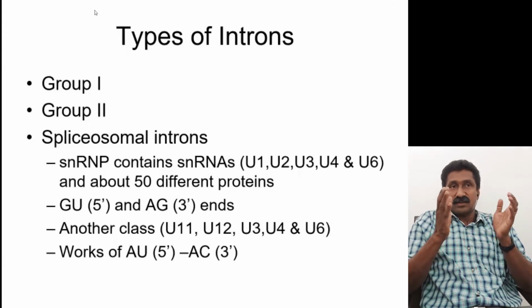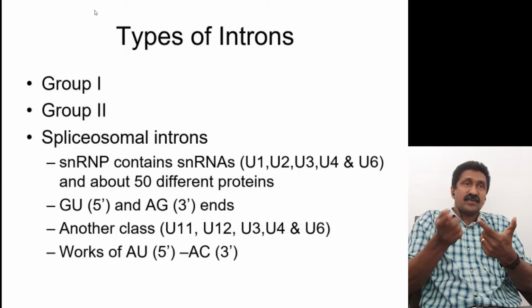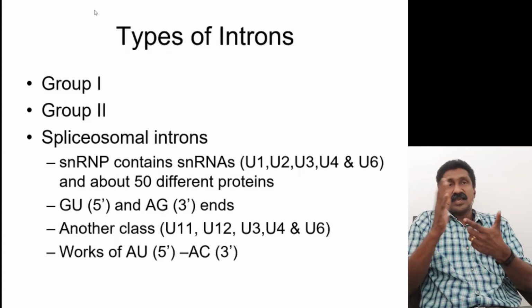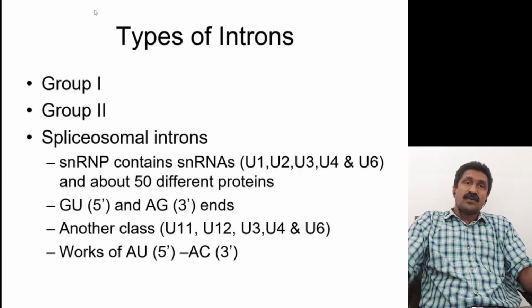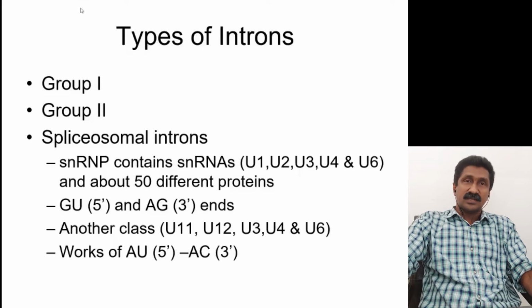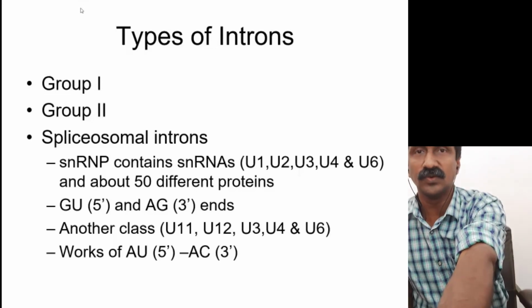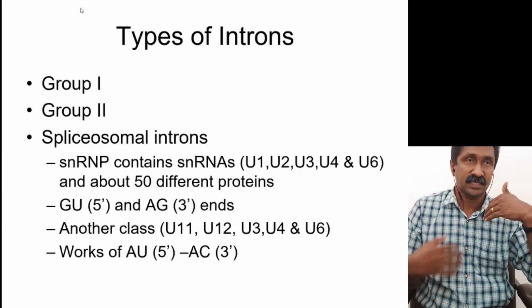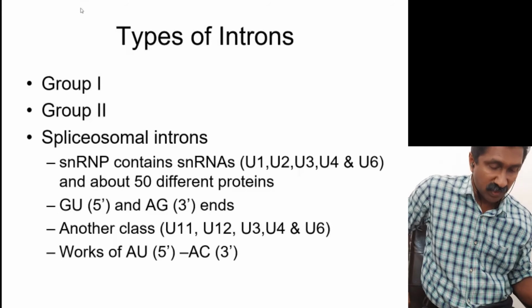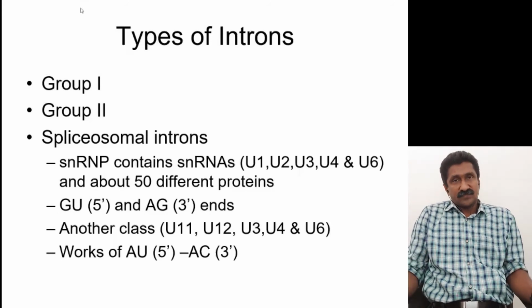So there is one class of introns where the intron segment has GU at the 5' end and AG at the 3' end. Another class involves U11, U12, U4 and U6, which will work on AU and AC end regions.